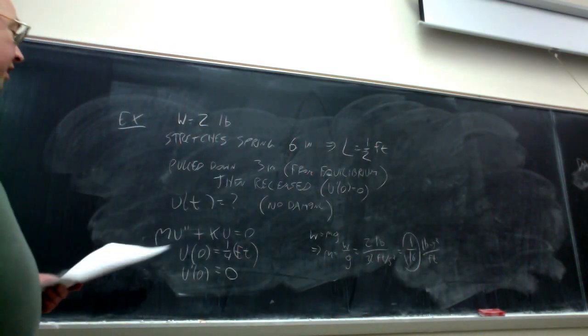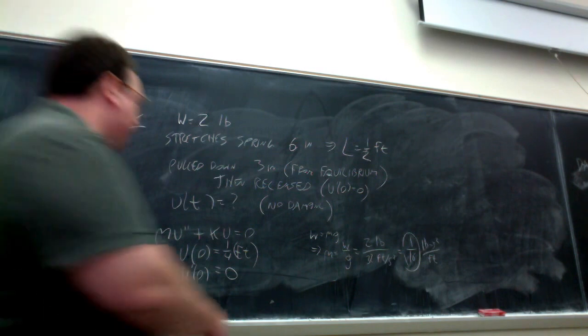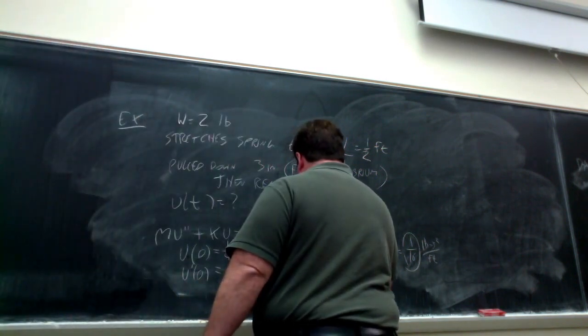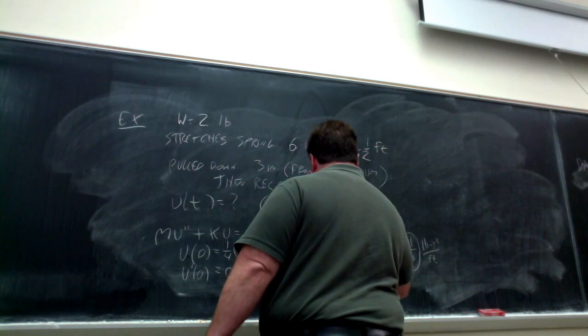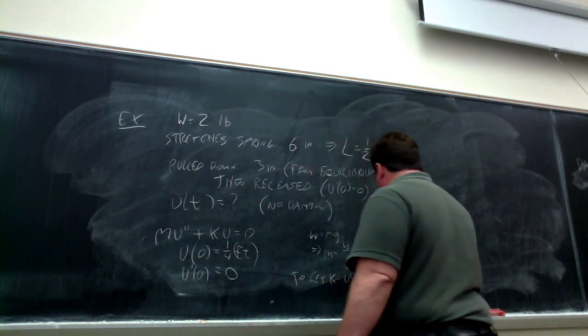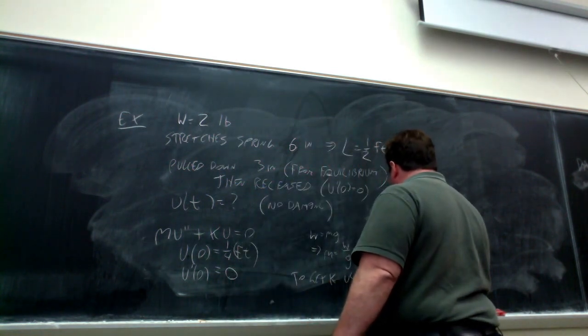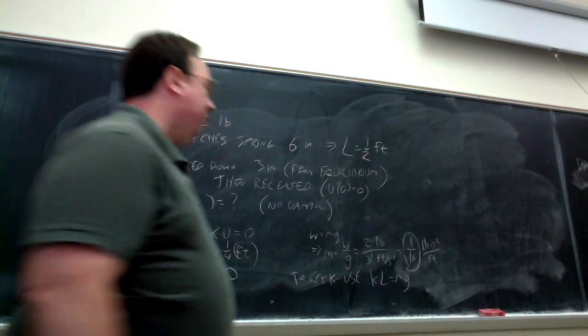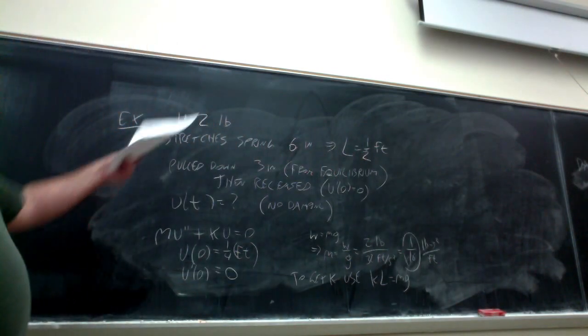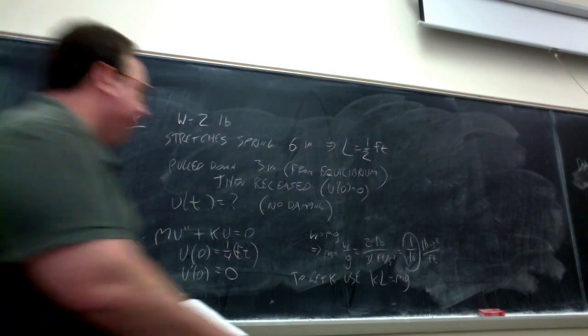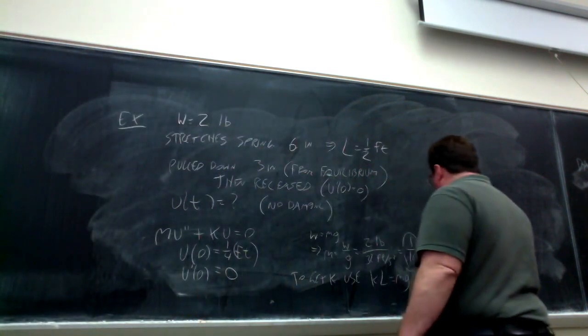So that is our value of m. And then the only thing that's left is k. To get k, we use this equation: kL is equal to mg. We know what L is, it's 1/2, and mg is the weight.